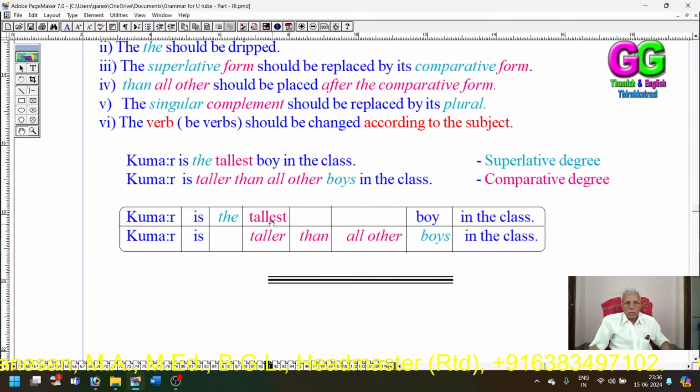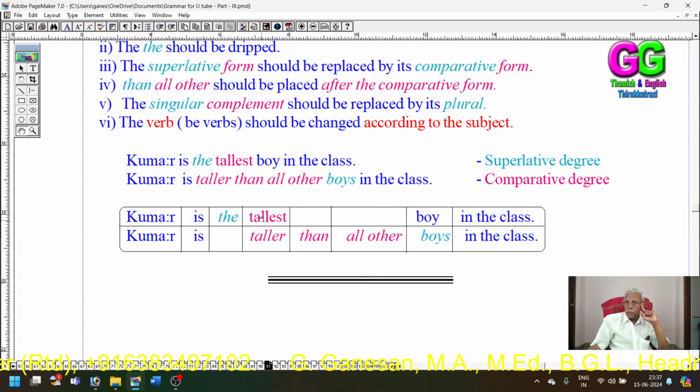See, Kumar is the tallest boy in the class. I have already told you when we interchange comparative and superlative, there would be no change in the subject as well as in the verb. Subject is Kumar, no change in the verb. Thirdly, the superlative scale the is dropped, is removed.